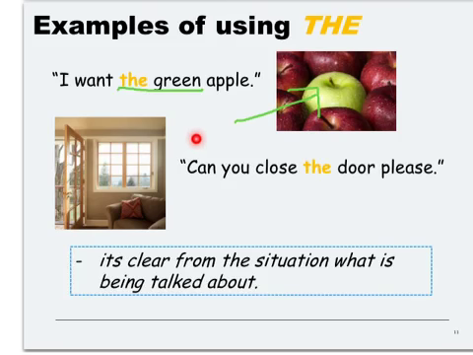In our next example, we have, can you close the door, please? Because there is only one door in the room, we can say the door because the listener knows exactly which door you're talking about. In both of these examples, it's clear from the situation exactly what is being talked about.